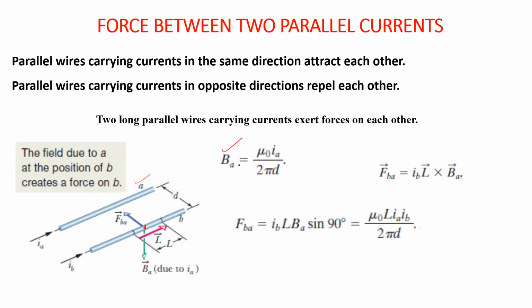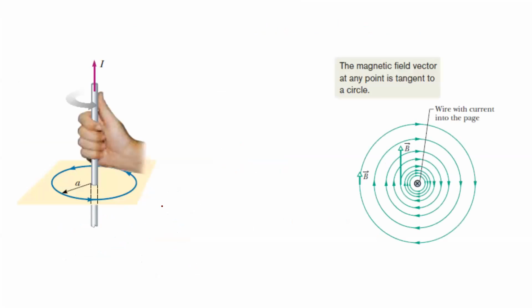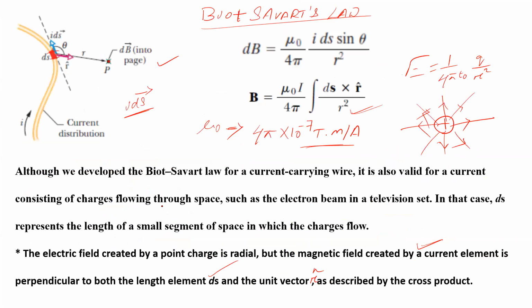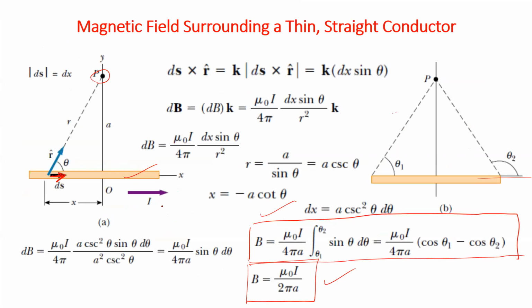B_A, the magnetic field produced due to conductor A, is equal to mu 0 I by 2 pi d. Here we have written d instead of r, and this is again at a perpendicular distance.